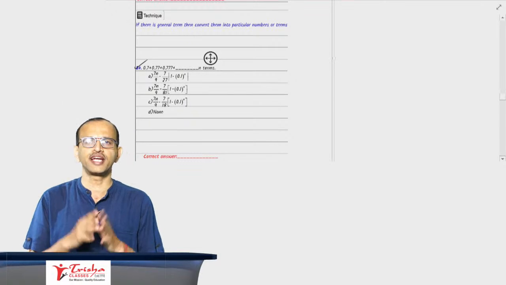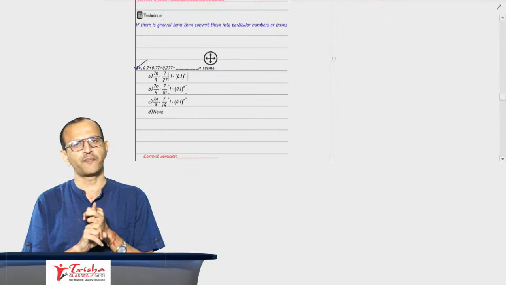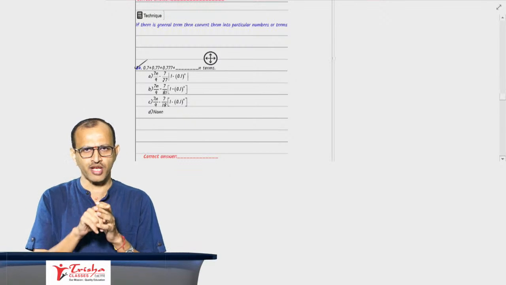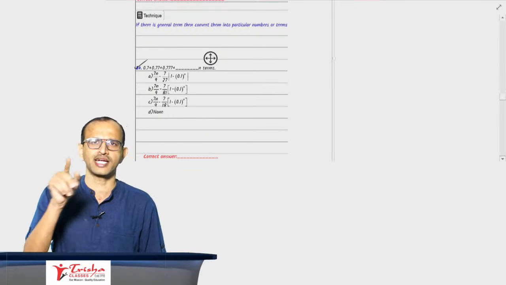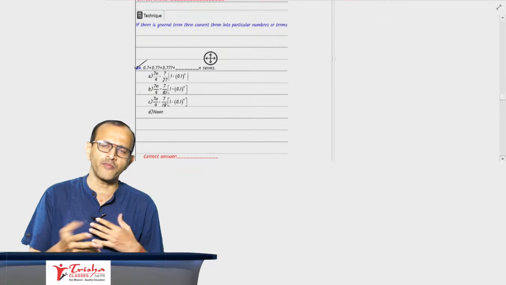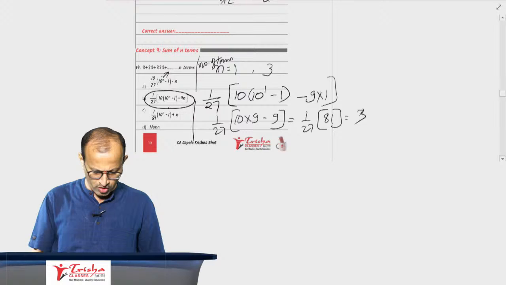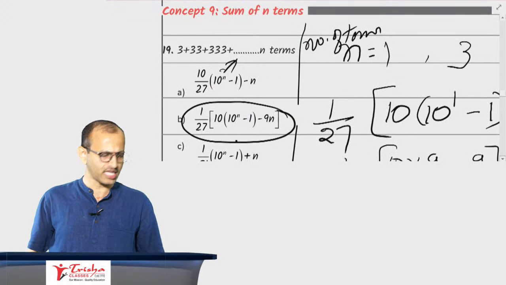But please note, we learned GP, we learned sum of n terms in GP, Tn formula, Sn formula. Have you learned two formulas in Sn? R greater than 1, R less than 1. Then we entered into a kind of problem where repeated numbers are given, as it is there on the screen, 3, 33, 333, 3333.